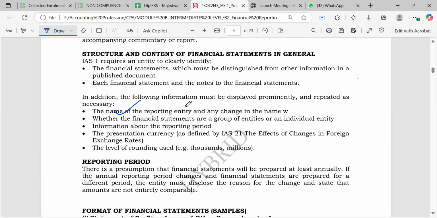Okay, so information about the reporting period. You could say statement of financial position as at 31st December 2013, for example. You have to mention the year. Also, the presentation currency. After the company name, you speak of the financial statement name, let's say financial position or profit or loss.